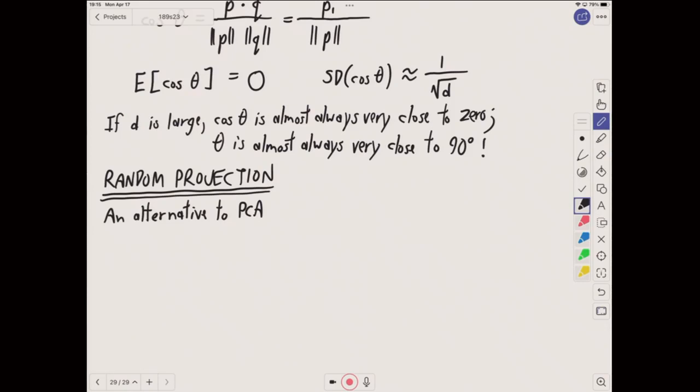What it can be used as is a pre-process when you're doing clustering or classification or regression in very high dimensional spaces.